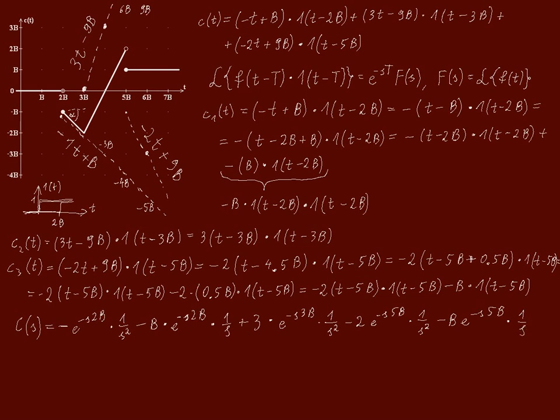If the task content includes that the result should be on one fraction line, and it probably will be, then the result must be presented in that way. The common denominator is s to the second power.